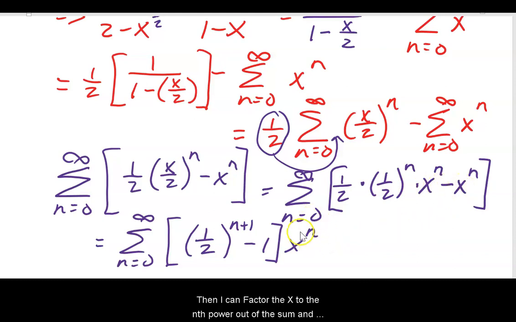Then I can factor the x to the nth power out of the summand and write it in this form here. The 1/2 times 1/2 to the n gives me a 1/2 to the n plus 1. Factoring x to the n off the two terms leads to 1/2 to the n plus 1 minus 1, all times x to the n.